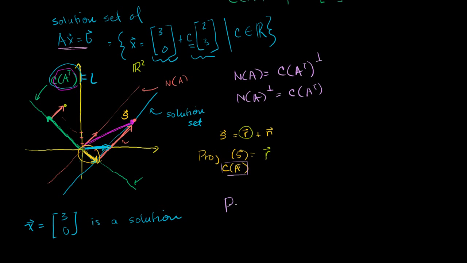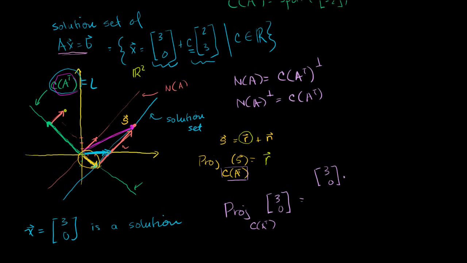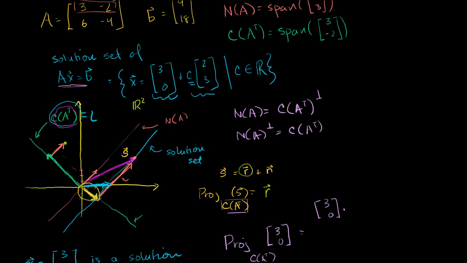So let's do that. The projection of the vector 3, 0 onto our row space, which is a line, so we can use that formula. It is equal to 3, 0 dot the spanning vector for our row space. That was 3, minus 2.